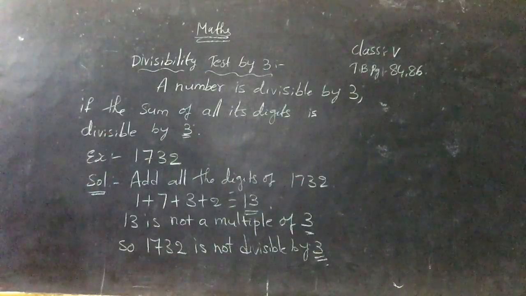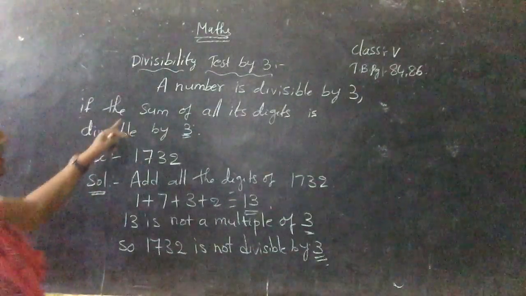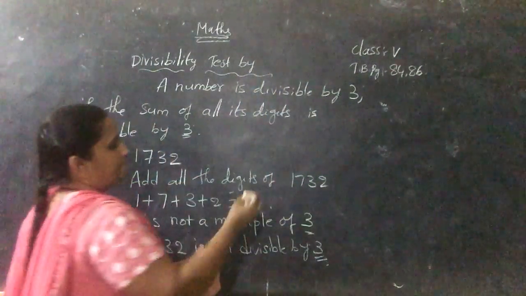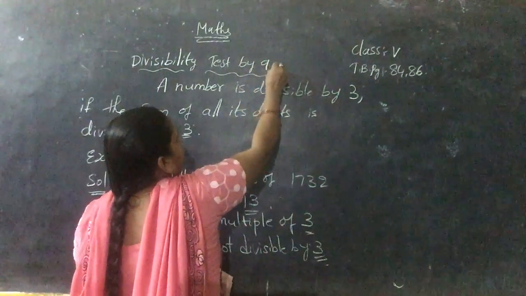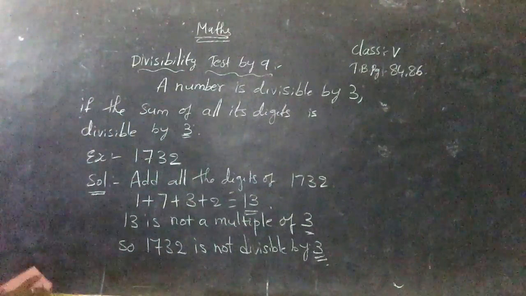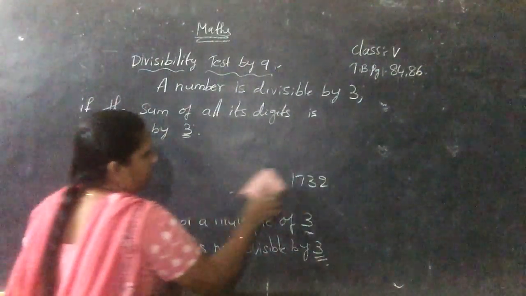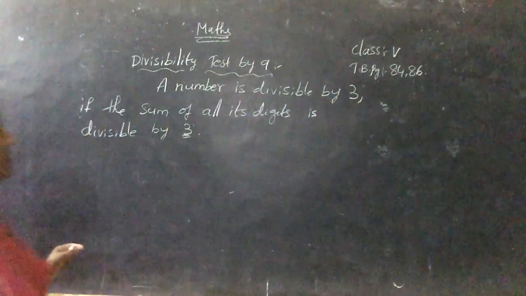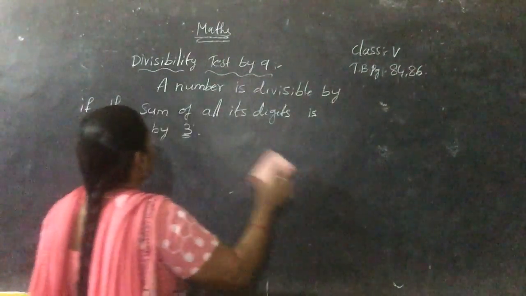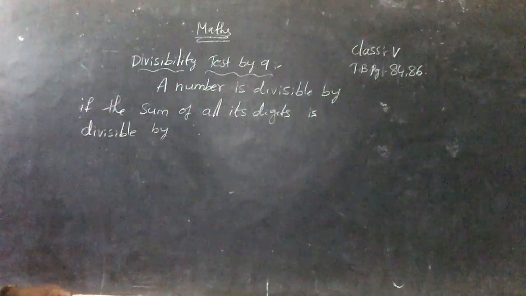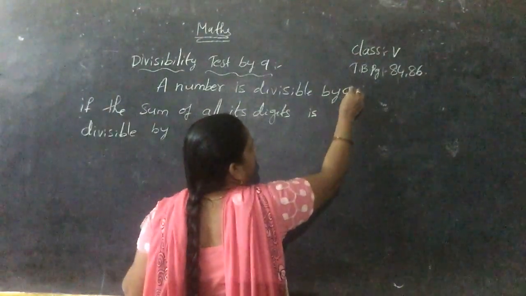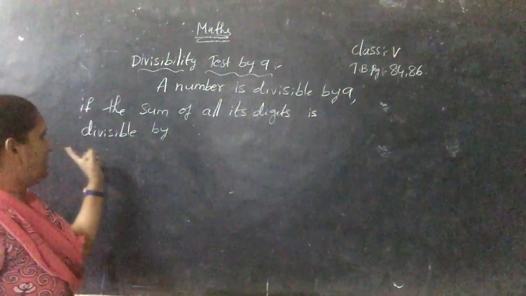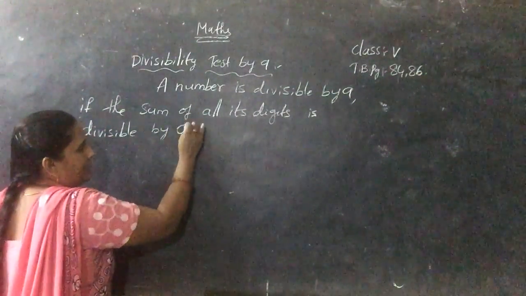Okay, now next heading, divisibility test by 9. For that, the same formula will be. What is that? A number is divisible by 9, comma, if the sum of all its digits is divisible by 9.